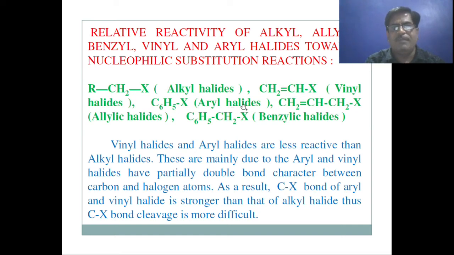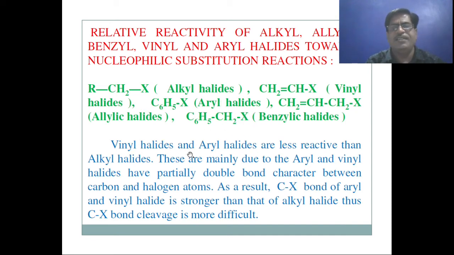This is a simple aryl halide. This is CH2=CH2, so this is called the allyl group, and this is allyl halides. C6H5CH2 is called benzyl, so this is benzylic halides.